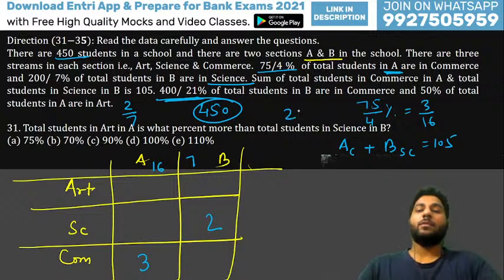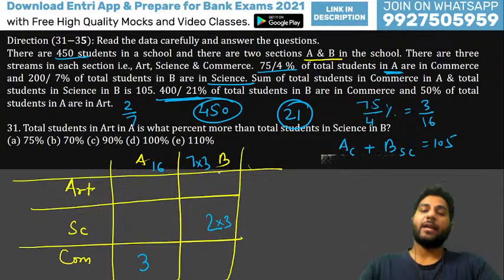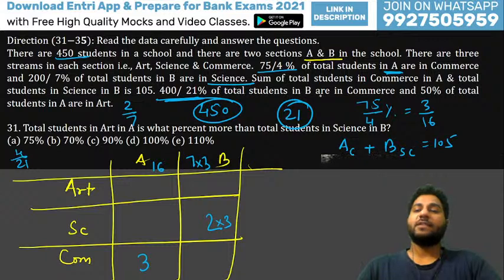So B will be supposed with 21, and if this suppose is 21, that means we have to equate the ratio by multiplying with 3 in both the ratio of science student and total student. And out of 21, 4 students in section B are in commerce.